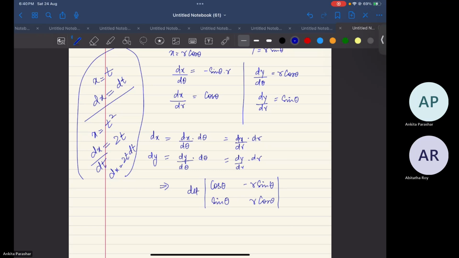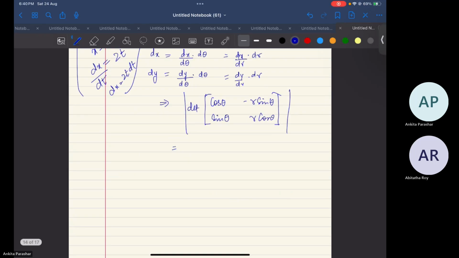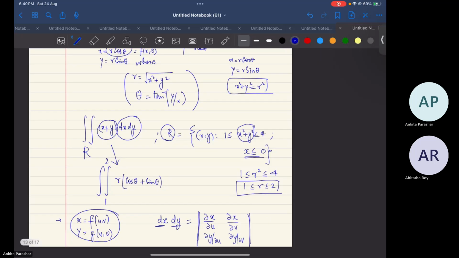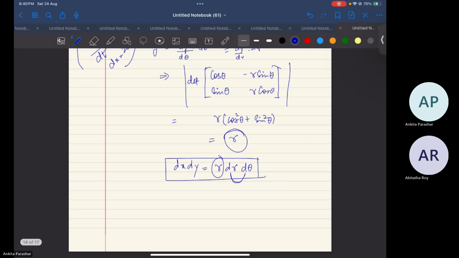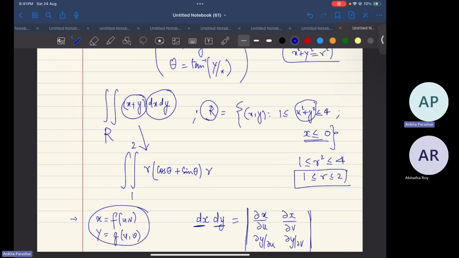What is that? r cos squared theta plus r sine squared theta, which equals r. So dx dy is nothing but r dr d theta. This factor tells you that along with dr d theta, something else would come.